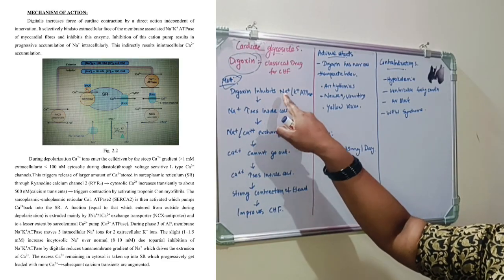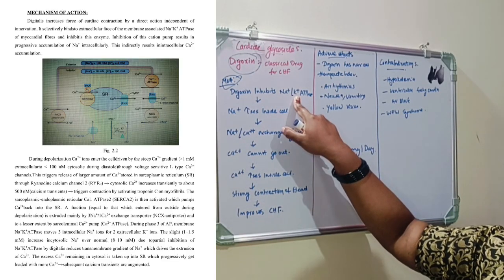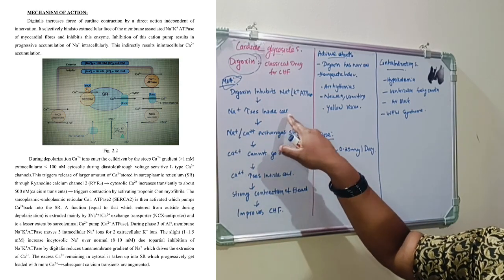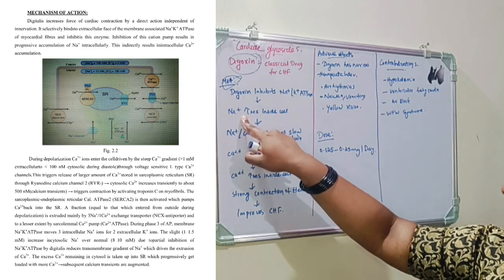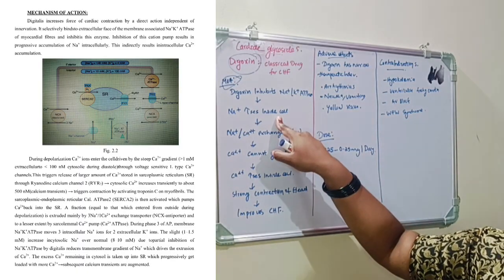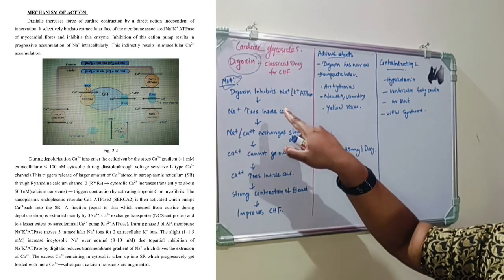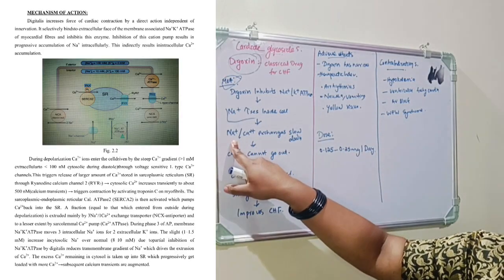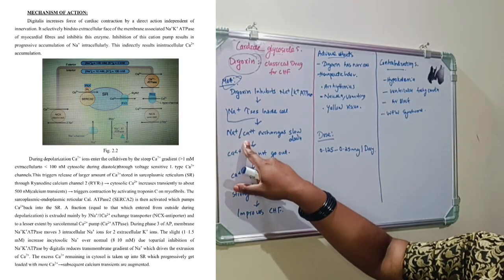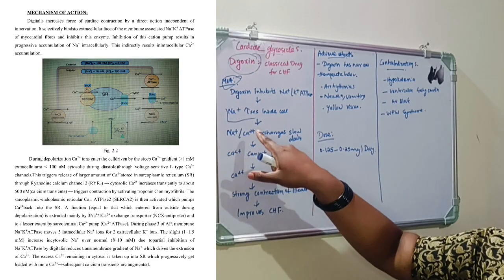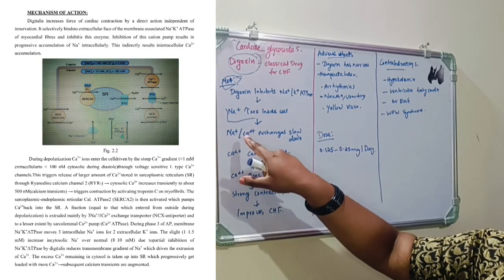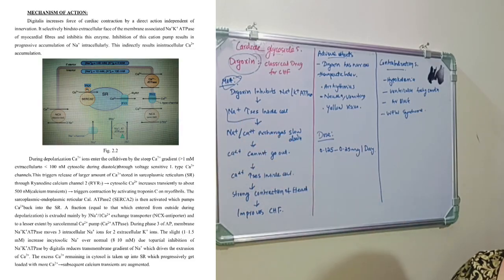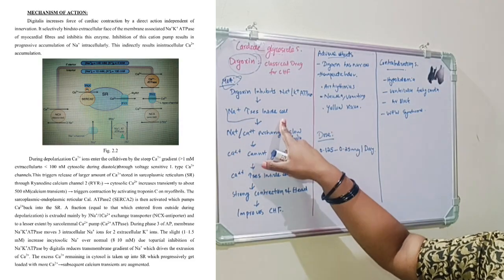Digoxin will inhibit the sodium plus potassium ATPase, which leads to an increase of the sodium level inside your cell. Once the sodium level increases, the next thing is the sodium plus calcium exchange pump. In that case, the sodium-calcium exchange will slow down because of the presence of sodium inside the cell.